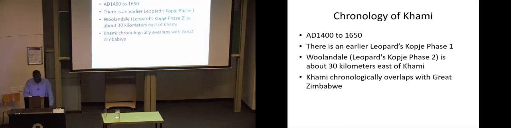What is the chronology of Khami? Khami is one of those frustratingly and hopelessly poorly dated archaeological sites. There are only 4 radiocarbon dates from a top layer, and the indication is that Khami dates from AD 1400 to 1650.